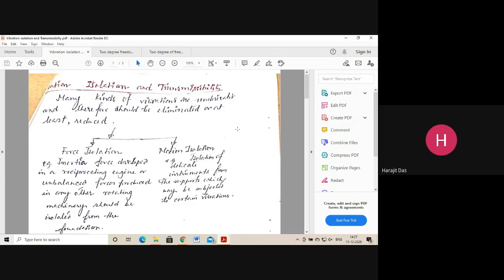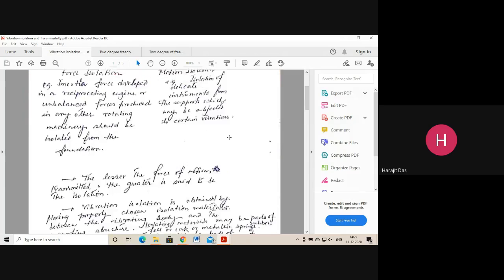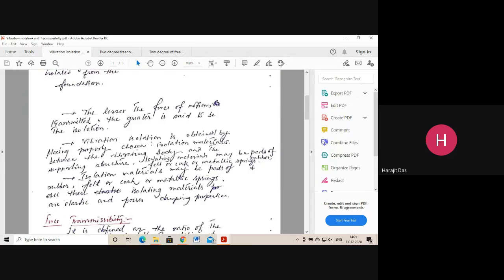So some isolators are basically used, and those are rubbers, felt, cork, springs. Those are all isolators. Cork can withstand compressive load.